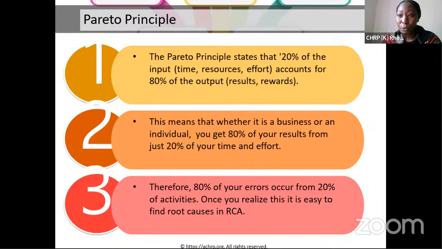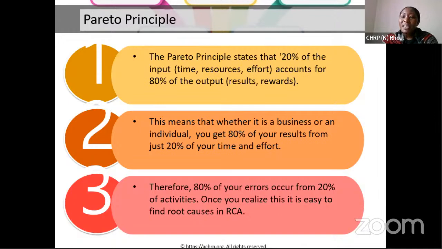The Pareto Principle states that 20% of the input, or the time, the resources, or the problem we are trying to solve will account for 80% of the output in terms of the resolution, the results, the reward, and also the solutions. That is how it relates to root cause analysis.